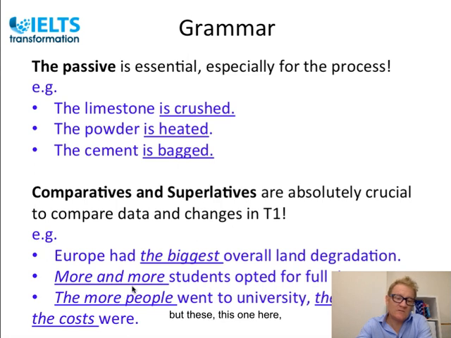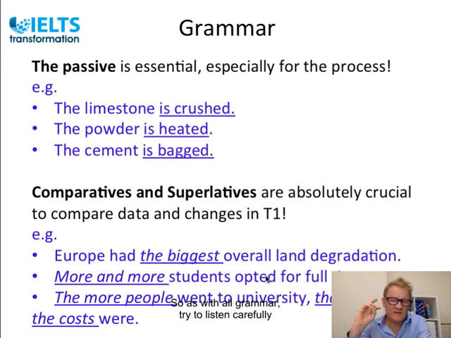But this one, more and more students, a repeating comparative, is a bit of a higher level. It's more difficult to use. And then we've got the parallel comparatives when two things are changing at the same time: the more people went to university, the higher the costs were. That's quite common as well, and very useful to use throughout your test.